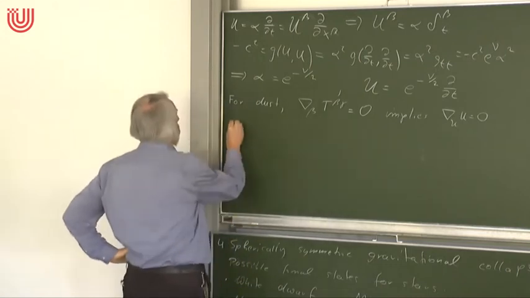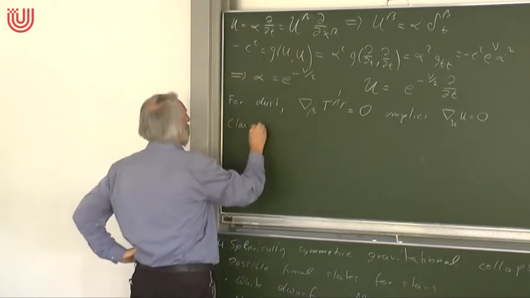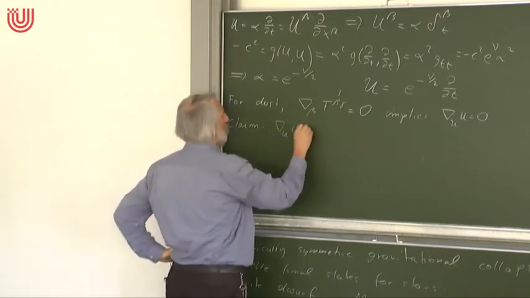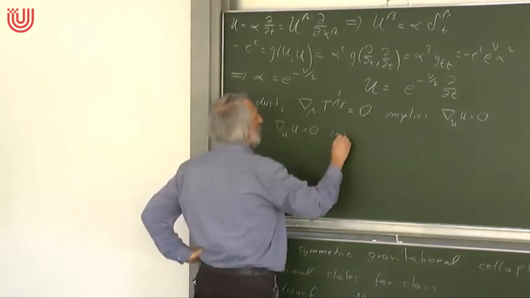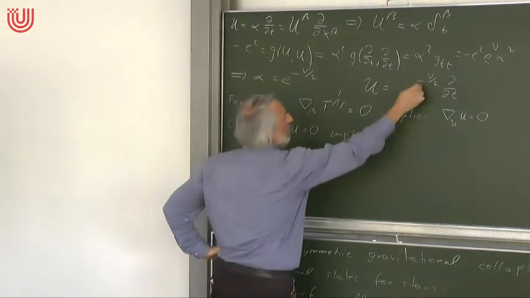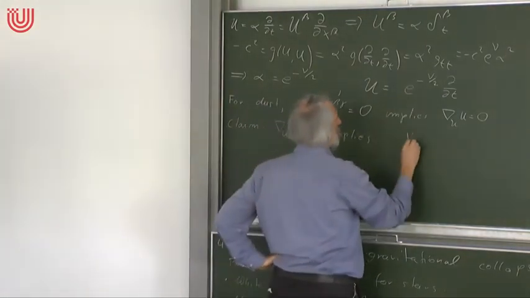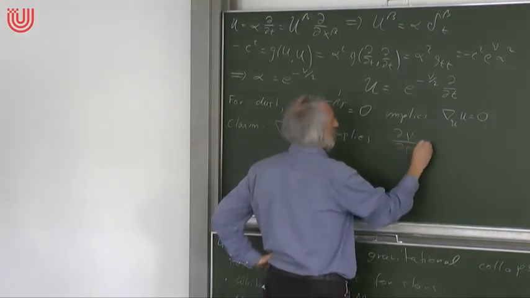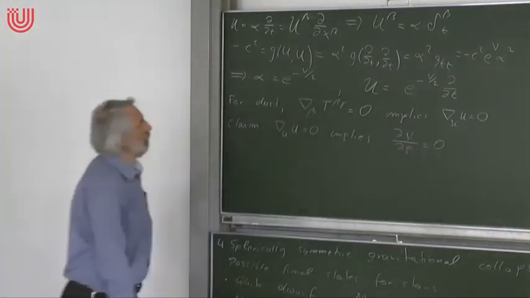And from this, I claim that one can prove that this coefficient nu, which is a function of rho and t by our ansatz, is actually independent of rho.